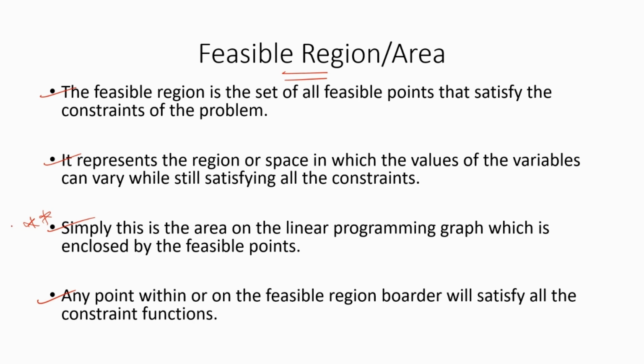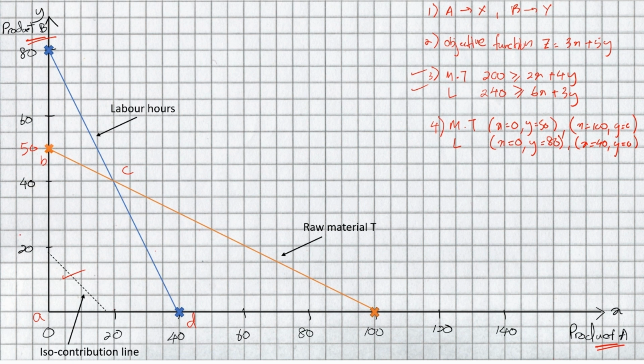Now let's go back to the graph and identify the feasible area. We identified four feasible points A, B, C, D. The feasible area or the feasible region is enclosed by the feasible points. This means this is the feasible region for this example, because this area is enclosed by the feasible points we have identified.